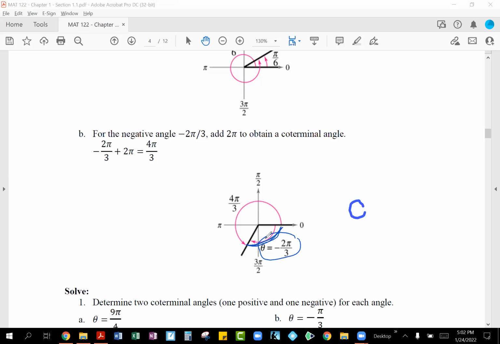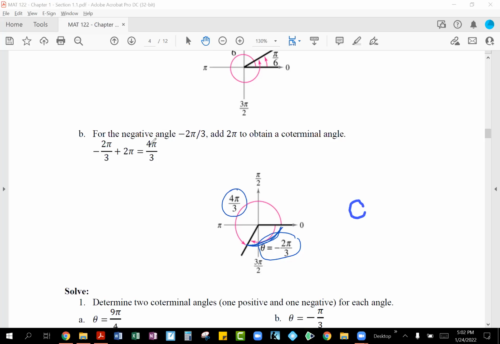Instead of going clockwise, if you go counterclockwise, you're looking at the coterminal angle, just going from the different direction. So in this one, again, we took negative 2 pi over 3 and added 2 pi to it. Because you have a negative angle there, when I add it with 2 pi, you end up automatically subtracting the two numbers, and that gives you whatever this other coterminal angle is, going in the other direction.